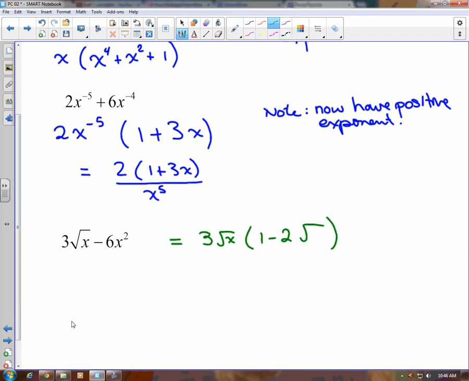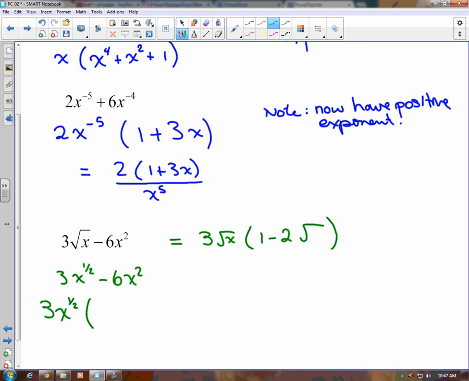In terms of how much work you show, some of you can probably pull out factors a lot quicker, do it in your head, and that's okay. If it's helpful, change this to a rational exponent, x to the 1/2, 6x squared, and now say, oh, I know that I'm going to be pulling out the smaller exponent, which is going to be 1/2.